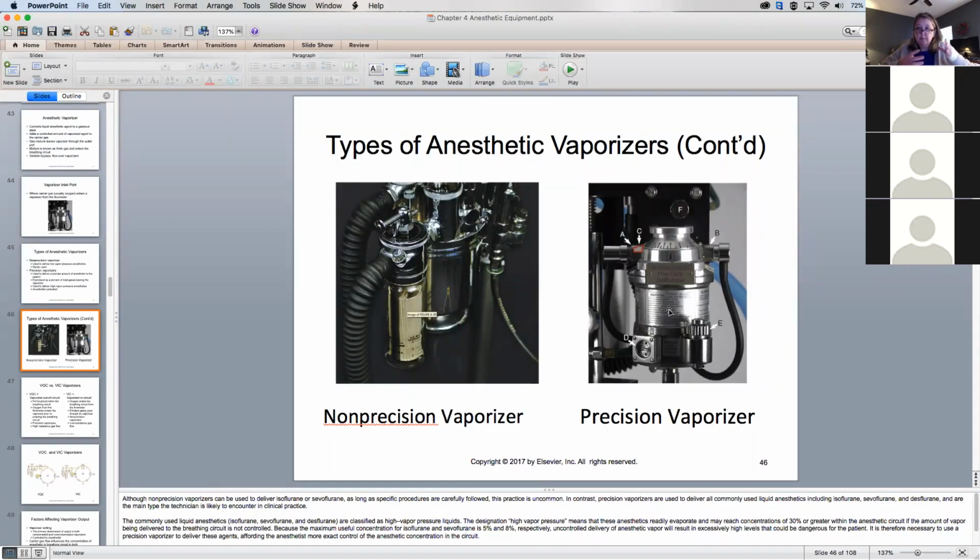So temperature affects the vapor. That's why a precision vaporizer has a temperature control. This is just a jar. If you were doing this out in a cold barn, it's going to vaporize slower than if you were in a barn on a hot day. So there's not really a temperature control with this as there is with this.